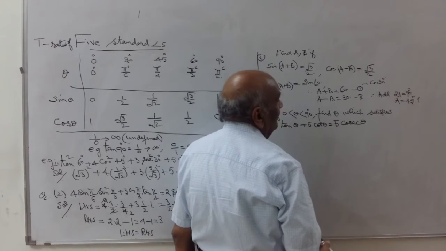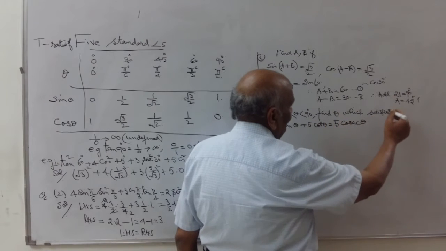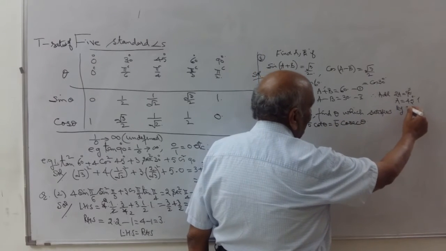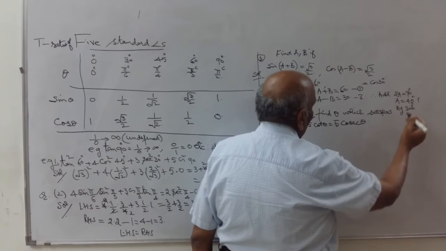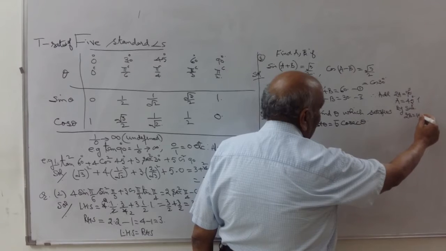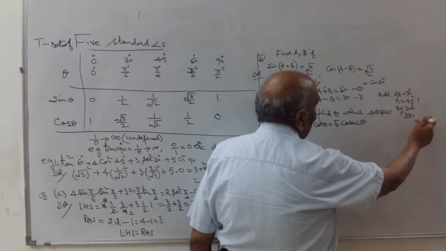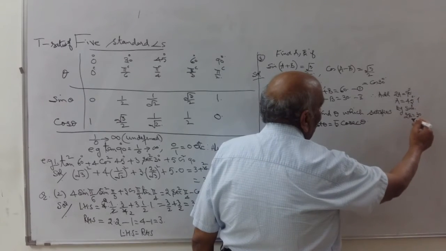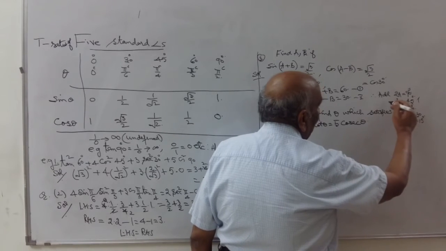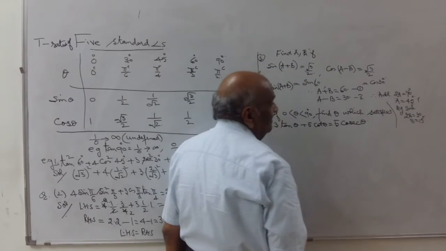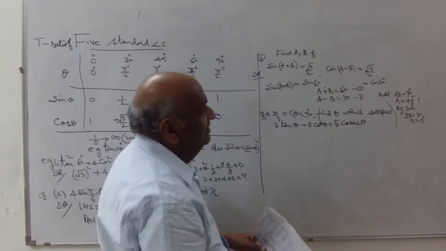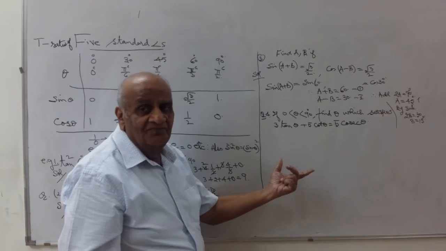And when you subtract, by subtracting, 2B is equal to 30 degrees, therefore we have B is equal to 15 degrees. So here we are able to simplify that angle A is equal to 45 degrees, angle B is 15 degrees.